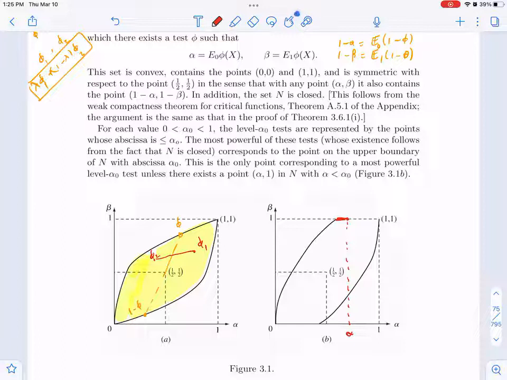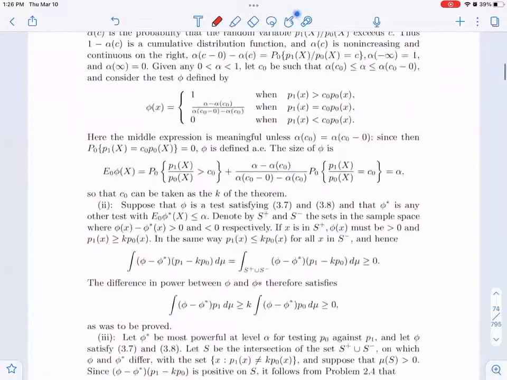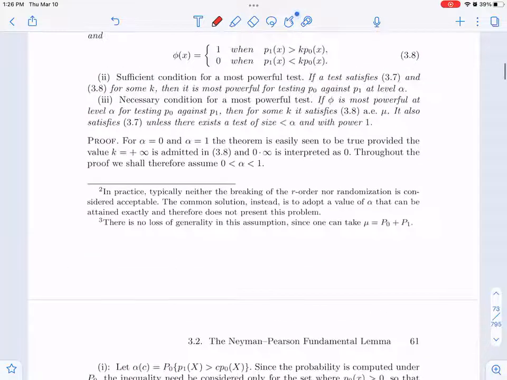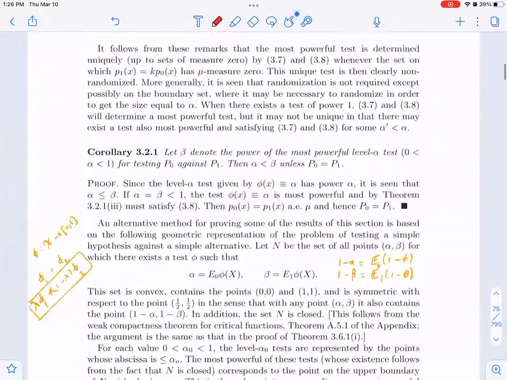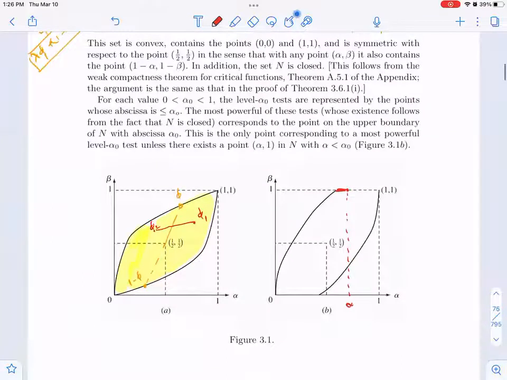So they may not be likelihood ratio tests. That refers to this point here: sometimes there exist tests with power 1 with size less than alpha, in which case it doesn't follow that they're necessarily likelihood ratio tests. So that's a point that I want to make.